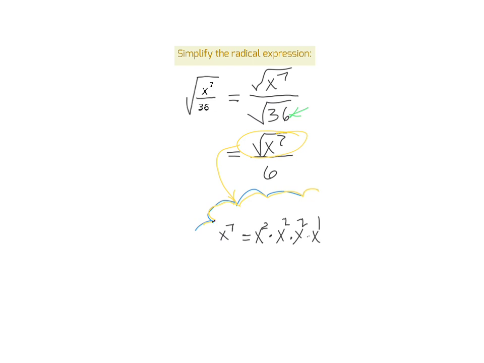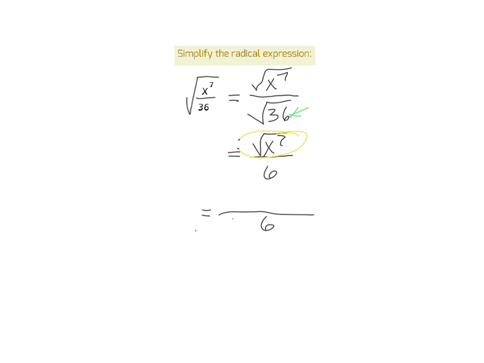Okay, so next what I'm going to do is take it back into the square root. When we take it back to that numerator in the original problem, we're going to take it back as the square root of all these factors. Let me show you how that goes. I'm putting my equal sign a little further to the left, so I give myself a little room. And here's my fraction bar.